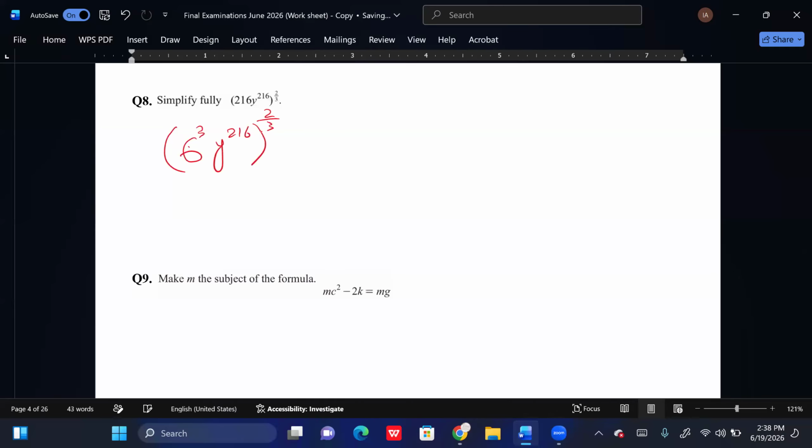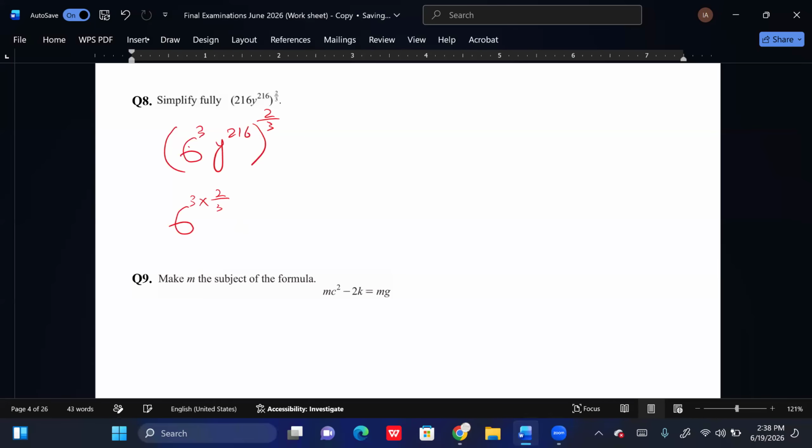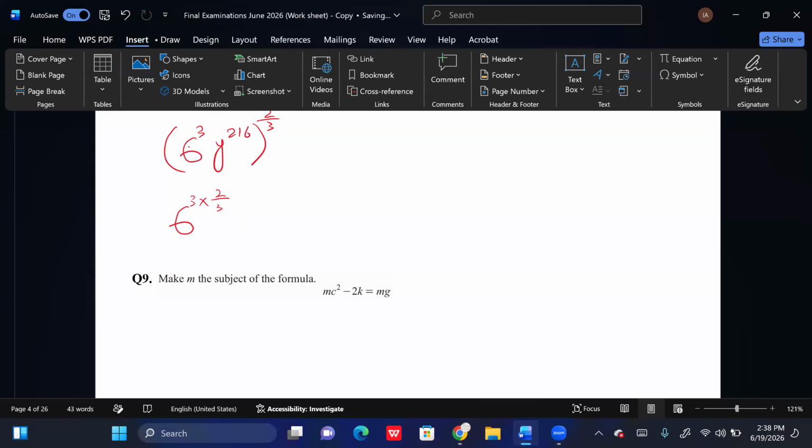Now, powers multiply each other, meaning 6 power 3 multiplied by 2.